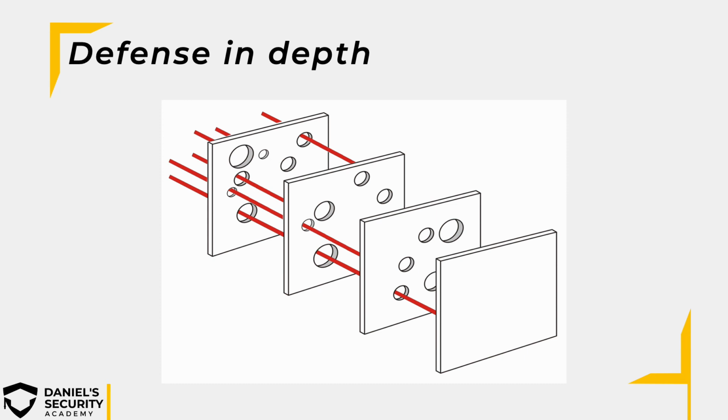It has a few holes. The same applies for the second and third plate, but those holes are somewhere different. So the red lines are not able to go through the final fourth plate, which is the actual security layer before you reach the destination. So the layered approach helps you to protect whatever you have by using multiple security layers.